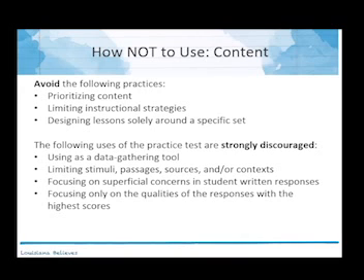We certainly don't want teachers limiting their instructional strategies to just what they're seeing in the practice test. So you happen to see, in math for example, multiple items involving tape diagrams. That doesn't mean you should focus your instructional strategy overwhelmingly on tape diagrams. And we certainly would like to avoid teachers designing lessons solely around a specific set.